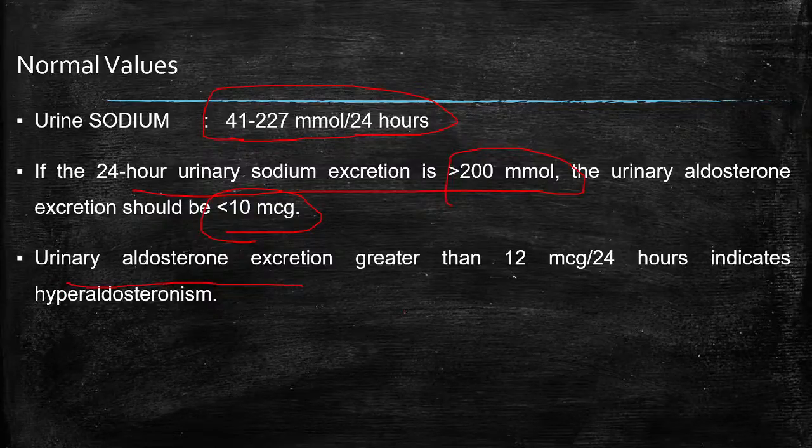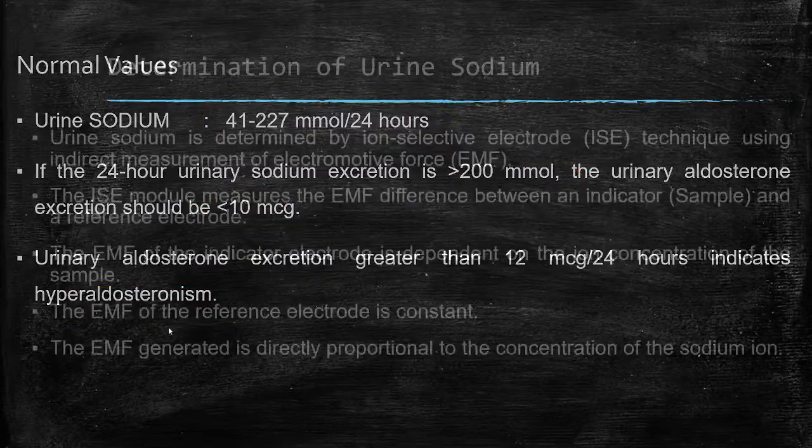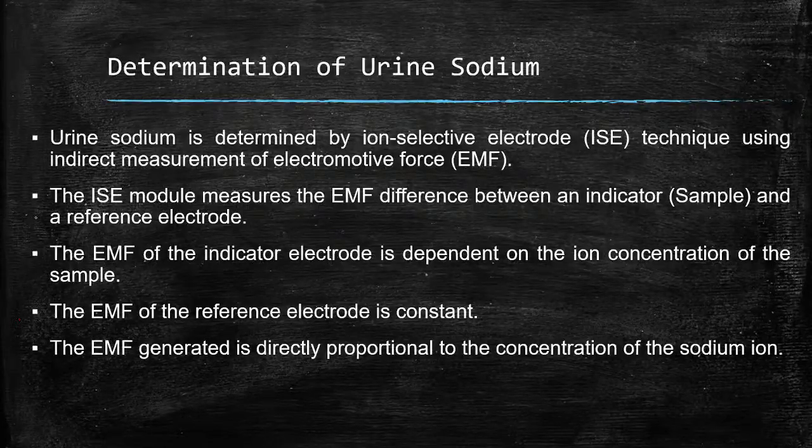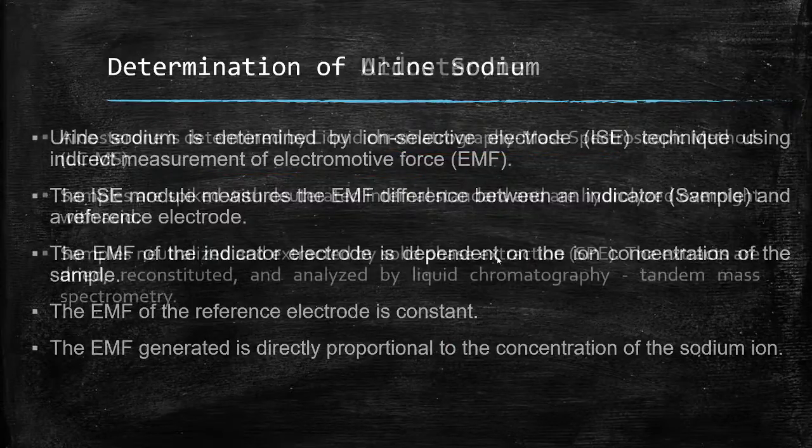Urinary aldosterone greater than 12 mcg per 24 hours indicates hyperaldosteronism. Okay. So urinary sodium is determined by the ion selective electrode method, as we discussed previously, using indirect measurement of EMF. Again we'll be using a sample indicator electrode and reference electrode, and we will measure the electromotive force.